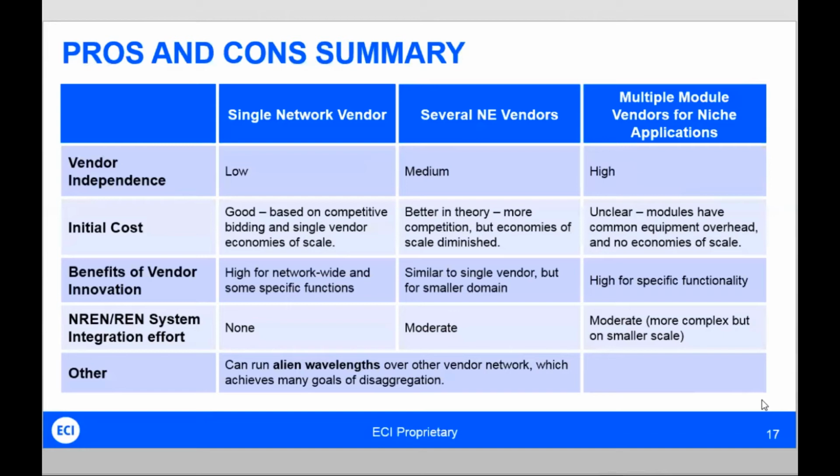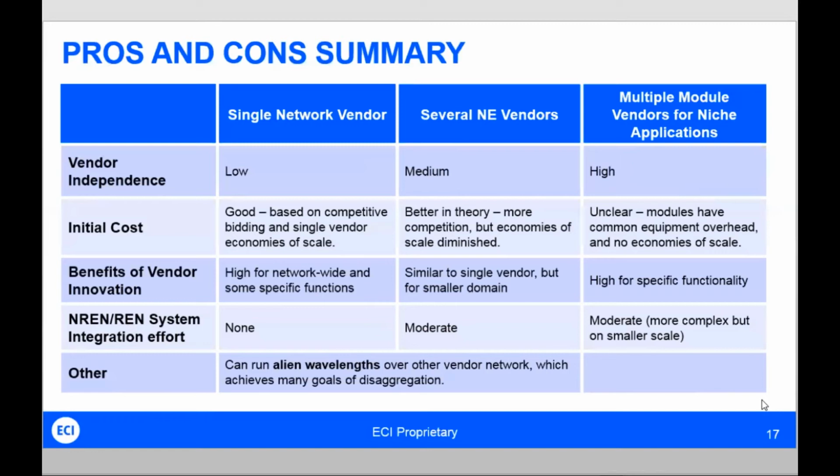When you get to multiple module vendors, it's unclear whether you have an initial cost advantage. The reason for that is because you're buying different piece parts from different vendors, each of these has to come with its own common equipment overhead. And also the vendors of these equipment have no economies of scale.